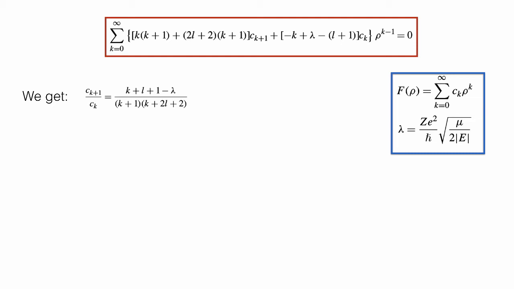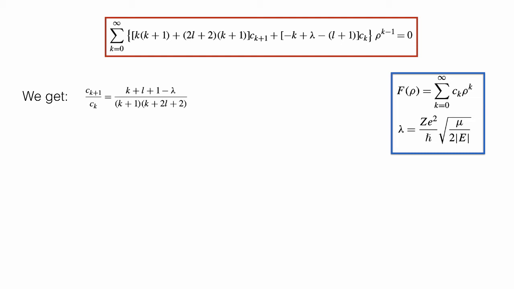Now, is it really true? Are we really all set there? Well, we're not quite all set because the problem is we can look at the behavior of this fraction c_{k+1} divided by c_k when the sequence number k is very, very large. So we look at this asymptotic behavior.